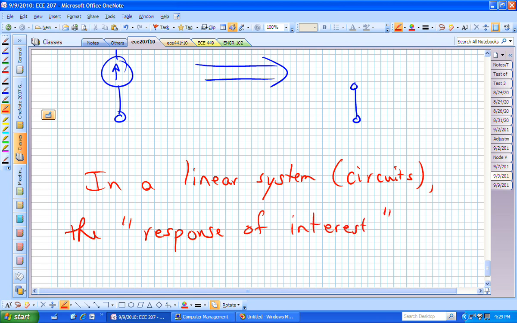Now that's really vague, isn't it? But that's going to be some current or voltage. Let's say we're interested in some output voltage. Our response of interest is some output voltage.